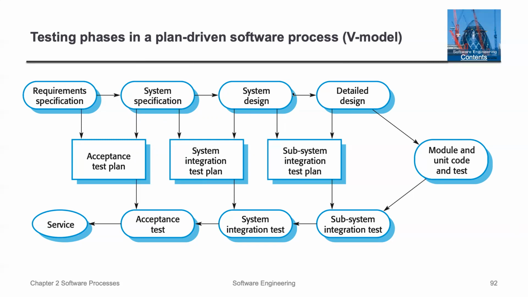And so you can see a V, on its side if you will, that we're going through. And with each one of these going through this process, we have the acceptance test plan, the system integration test plan, the subsystem integration test plan, and we can see how there's a parallel between these different areas as we walk through this flow of the overall process.